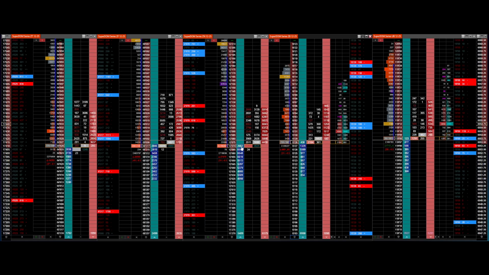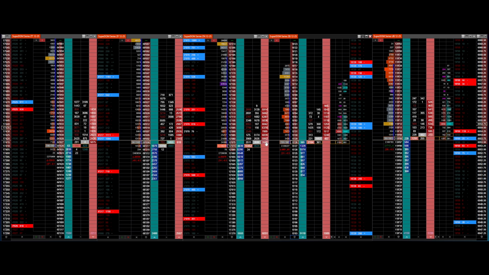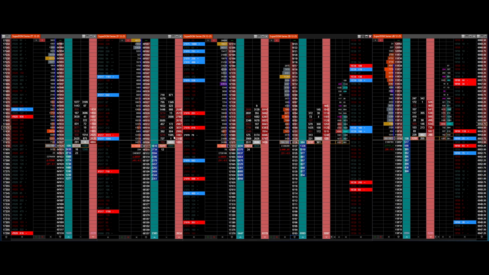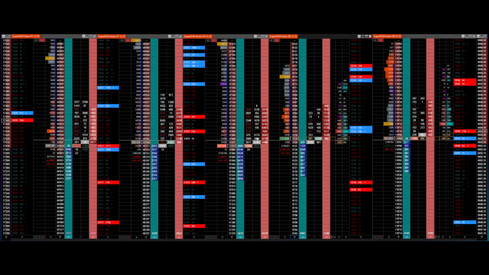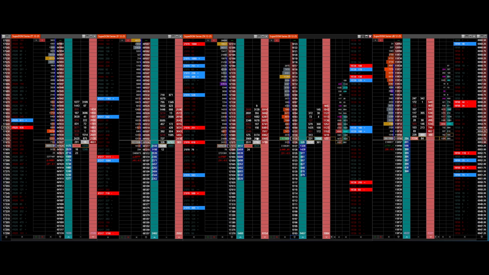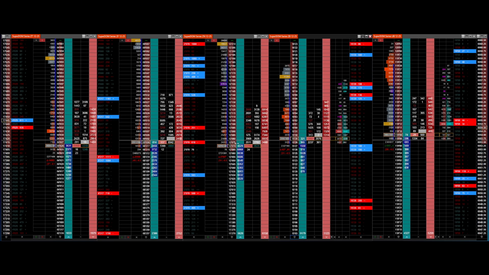See the absorption right here. Now we want to see these guys sell into these offers or a reversal. Same, we want to see these 9 flats go higher. Show me who's buying at this 75.